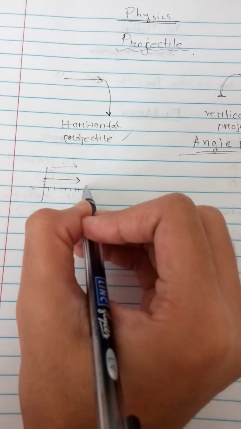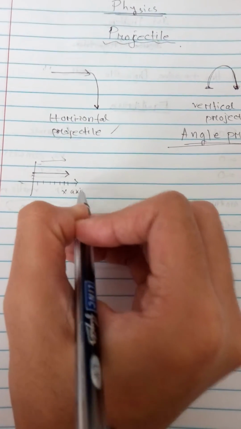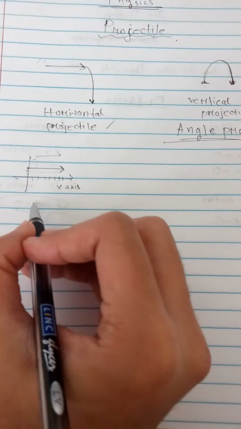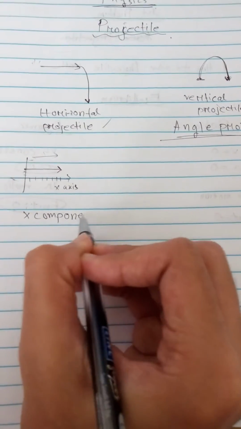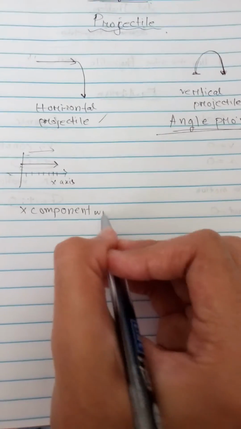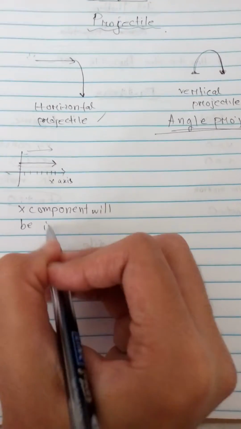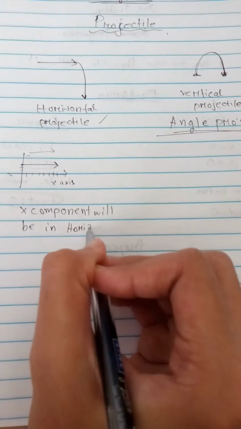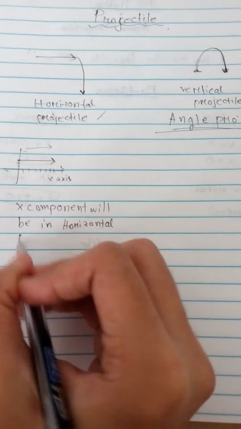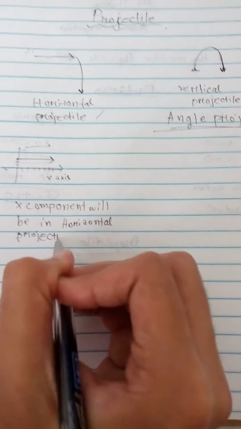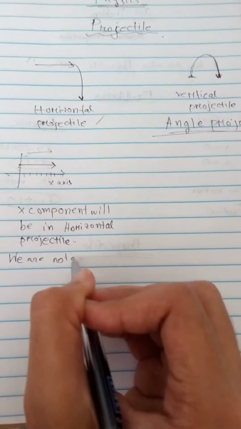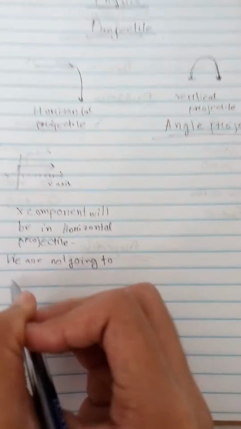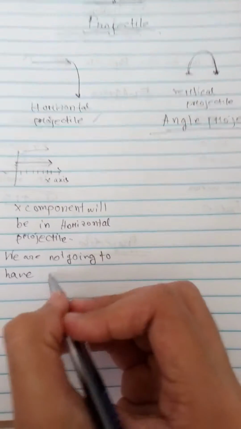So if it's increasing in the x-axis, then we can say that in a horizontal projectile there will be an x component, but we are not going to have a y component.